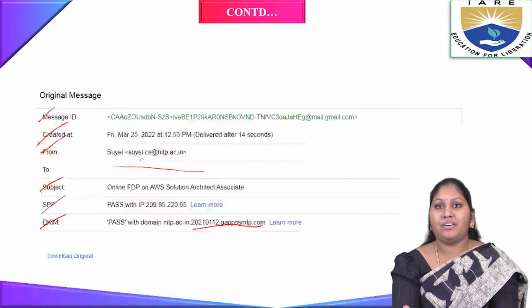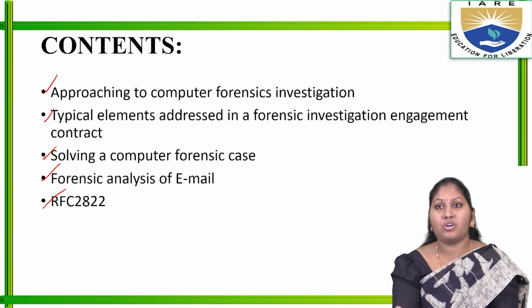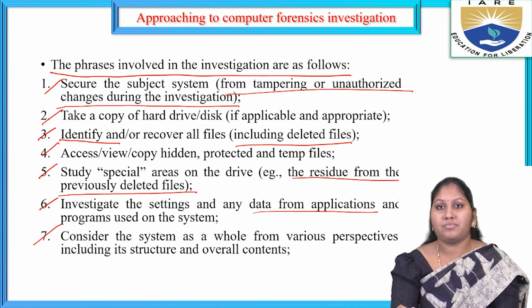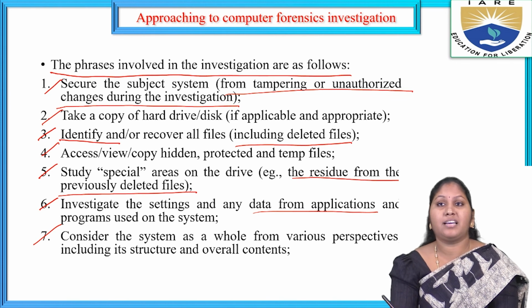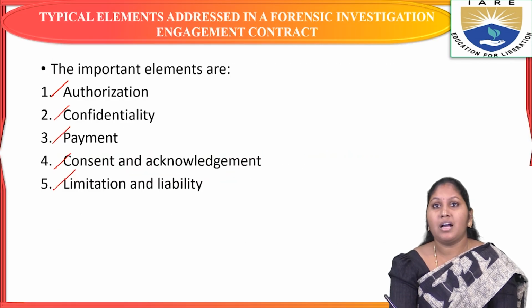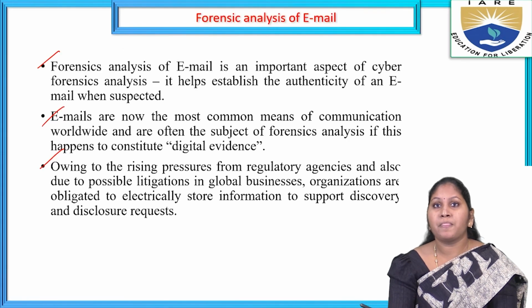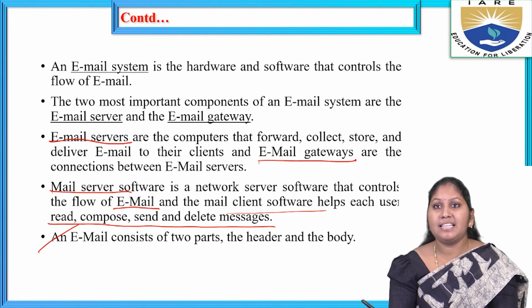So today we have discussed approaching computer forensic investigation: what phases are involved in the investigation, what the important elements in forensic investigation are, how we have to solve a computer forensic case, and the forensic analysis of email.